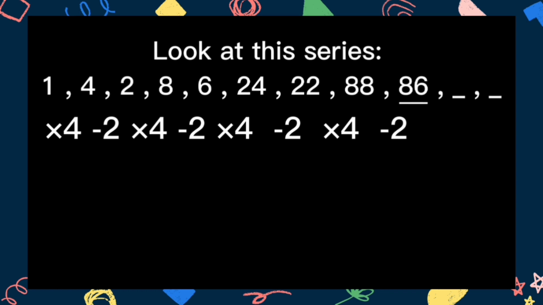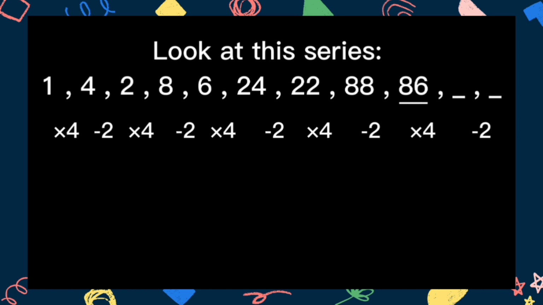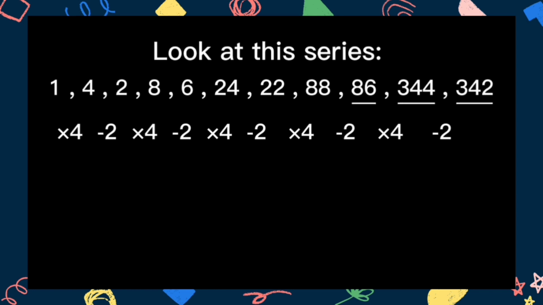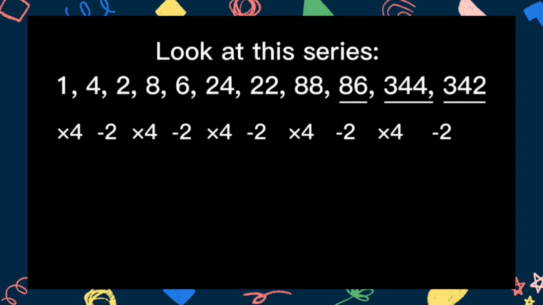For the last two unknown numbers, we multiply 86 by 4 equals 344, minus 2, 342. So the complete series is 1, 4, 2, 8, 6, 24, 22, 88, 86, 344, and 342.